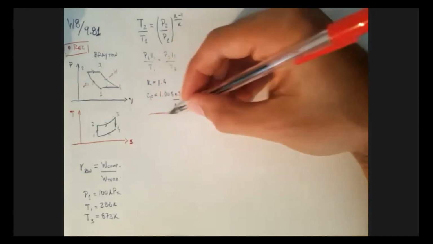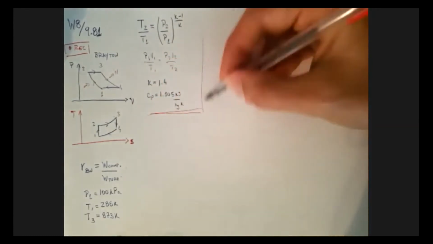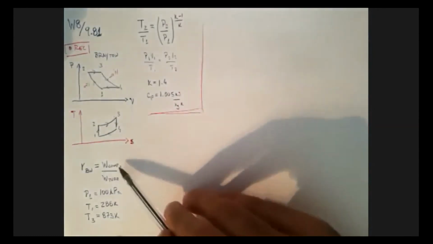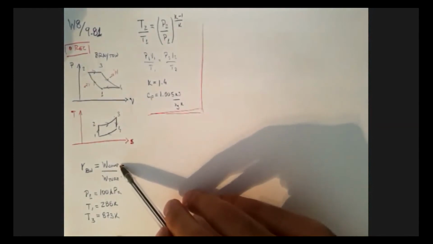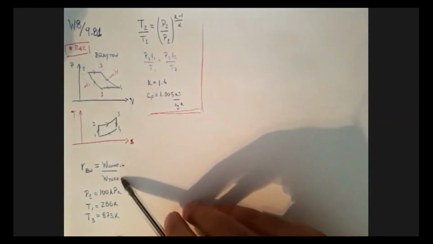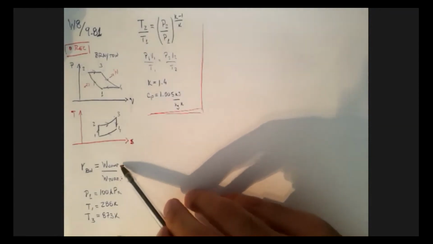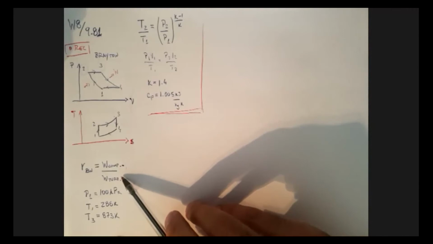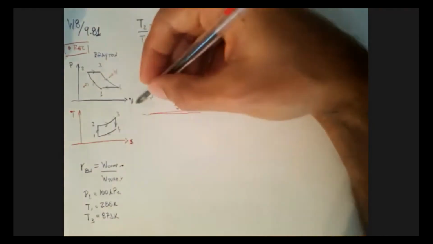Okay, that's the information we have to start with. What I'm going to have to do is calculate the work for the isentropic compressor, the work for the isentropic turbine, and also the work for the actual compressor and the actual turbine. That's a lot of little things we need to calculate.